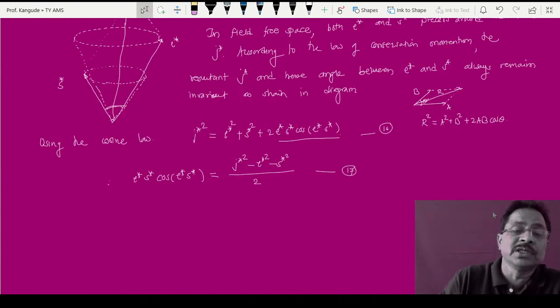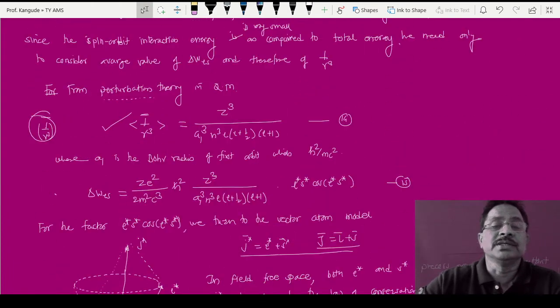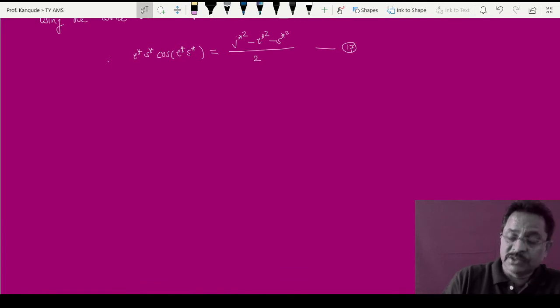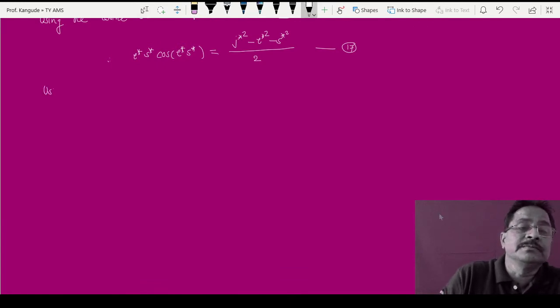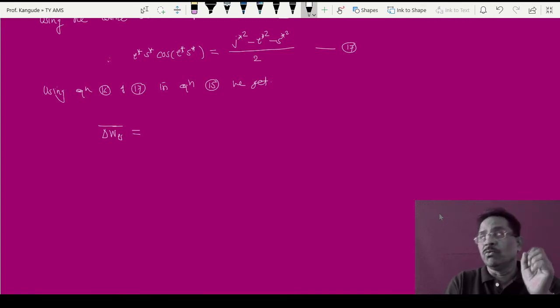So using equations 14 and 17 in equation 15, we get delta WLS. This time it is the average because I have used the average value of 1 upon r cube.